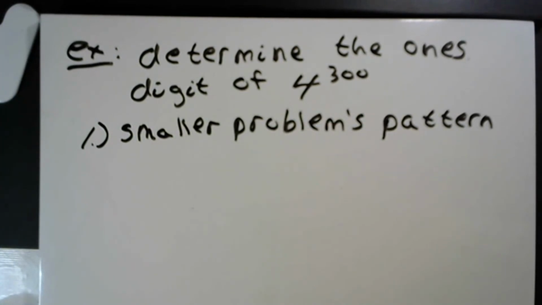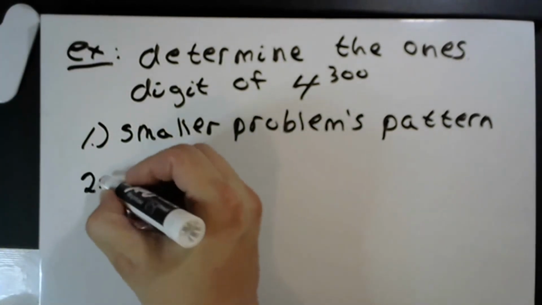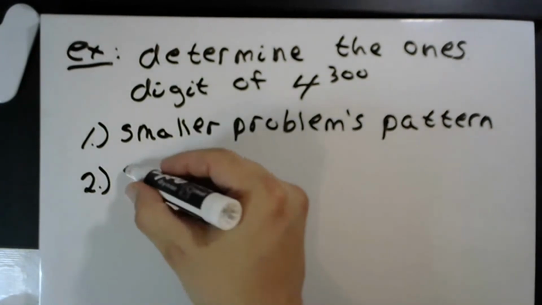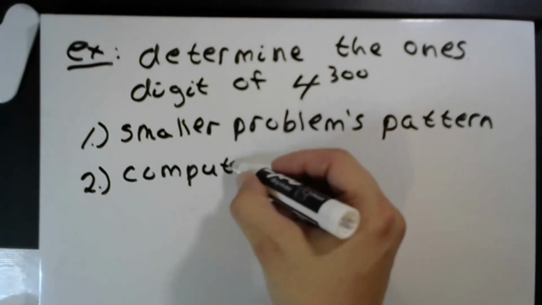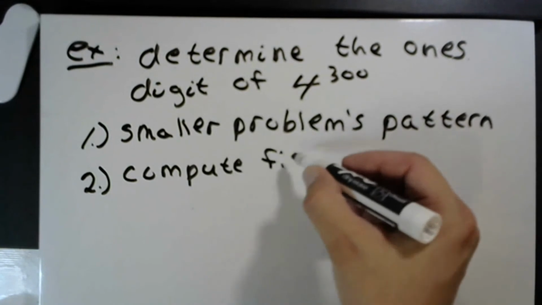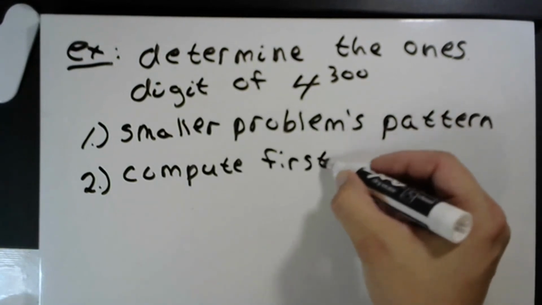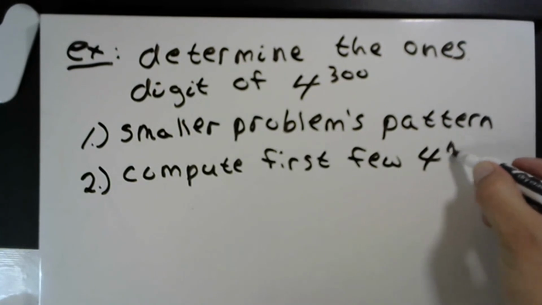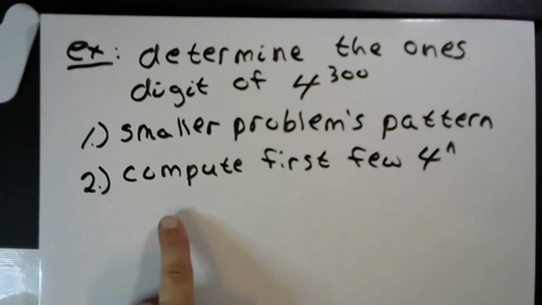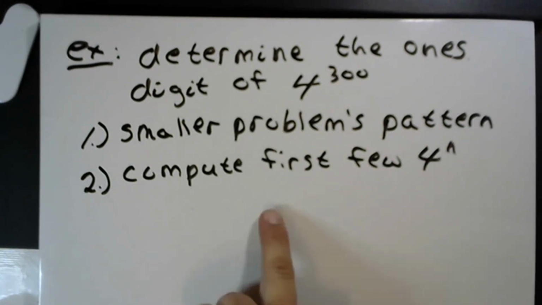And what we can do is compute the first few 4 to the n's. I'm going to compute the first few of these and look for this pattern. So let's start with 4 to the 1.